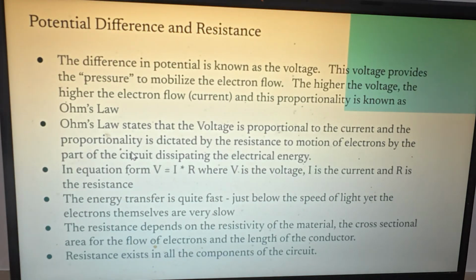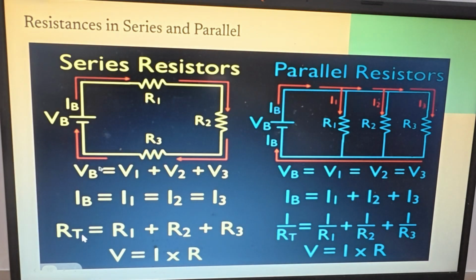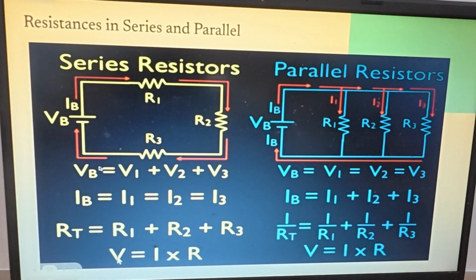And the total resistance is the sum of the resistances. So the equivalent resistance would be R1 plus R2 plus R3. So the total voltage is the current times the total resistance. So this V here and this VB here are one and the same.